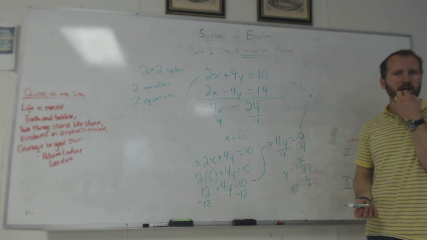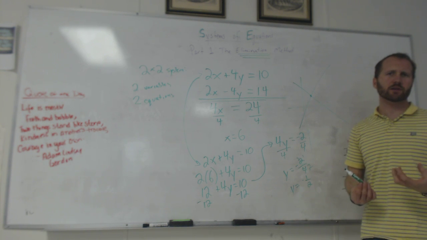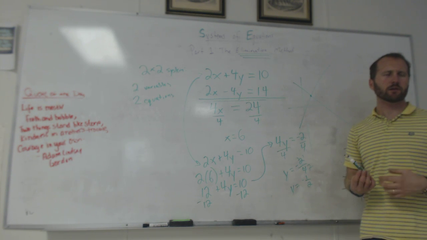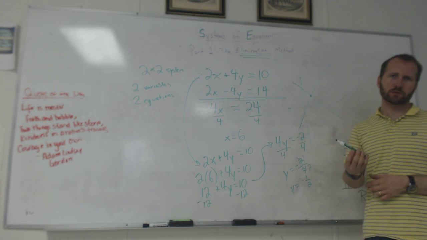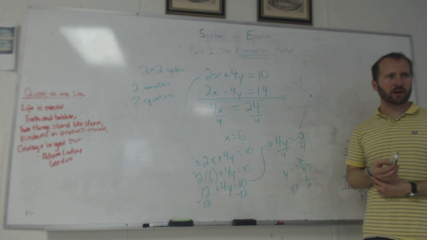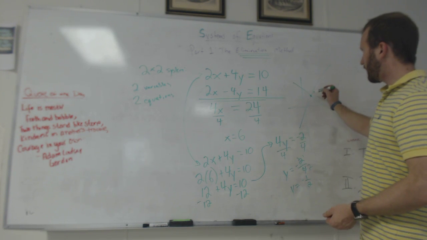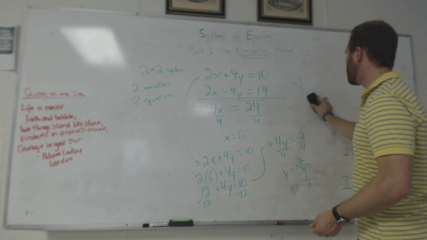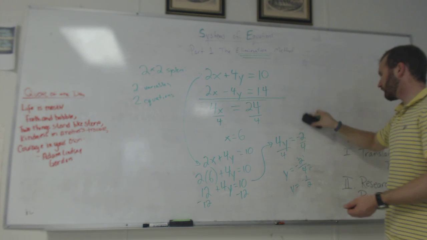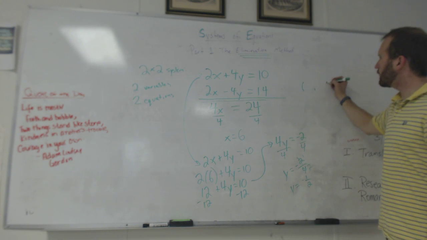Do we know an easy way of writing an x and a y together? Rather than just writing out x equals and y equals. Isn't there an easier way of writing that? If I had a point, for example, on a graph, wouldn't I write it x, comma, y?